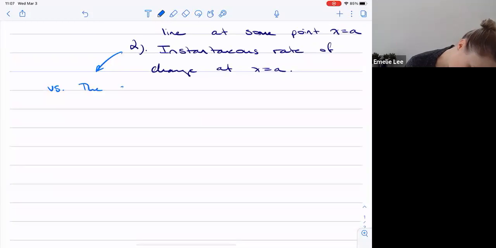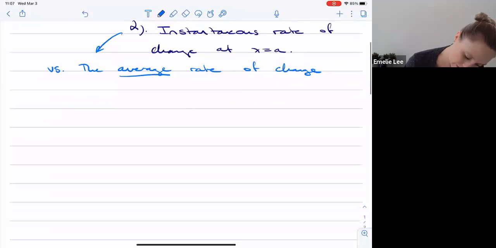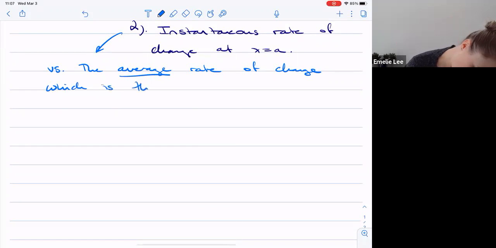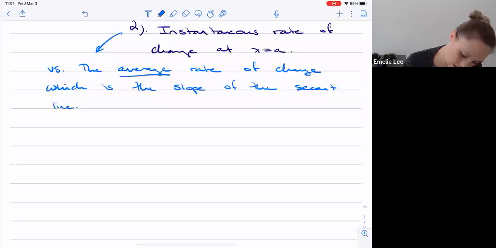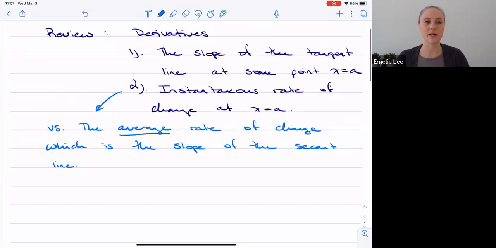Versus the average rate of change, which is the slope of the secant line. So keep those two separate in your mind.